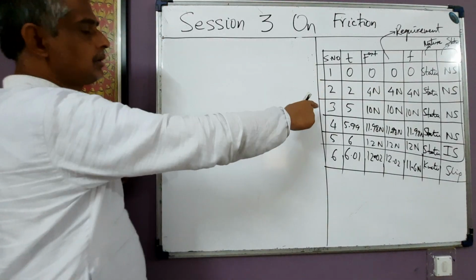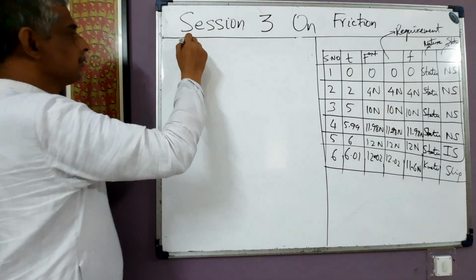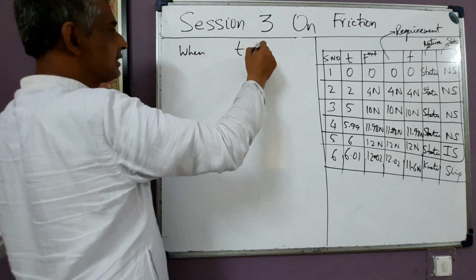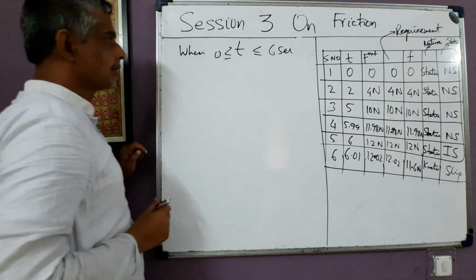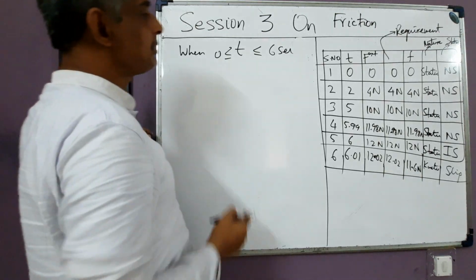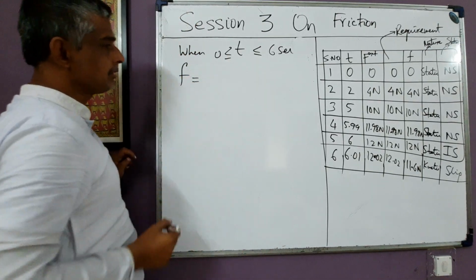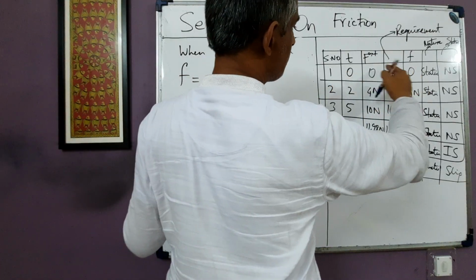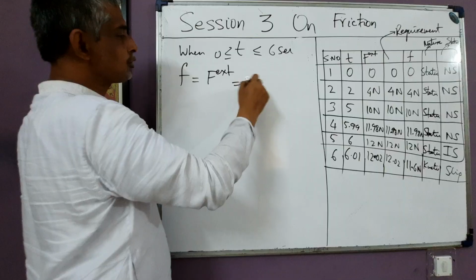Now see, in this numerical example, what do you observe? When t is between 0 and 6 seconds, the amount of friction force acting is just equal to the applied external horizontal force, which is 2t.